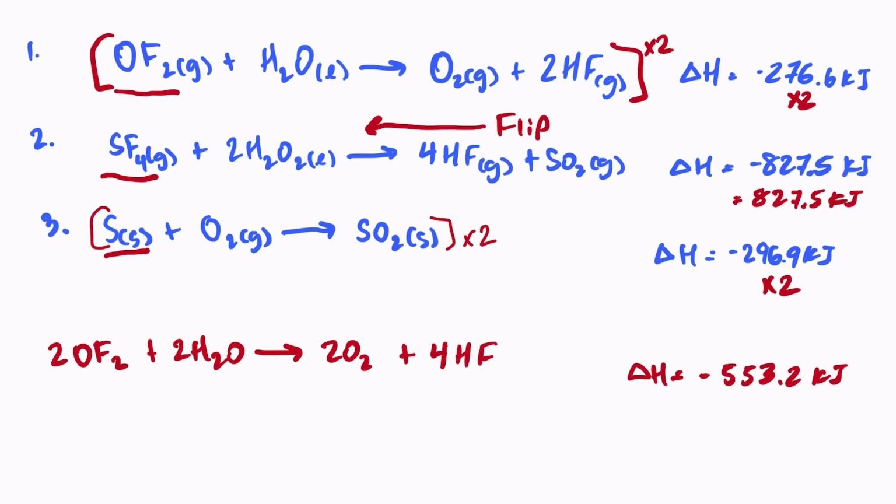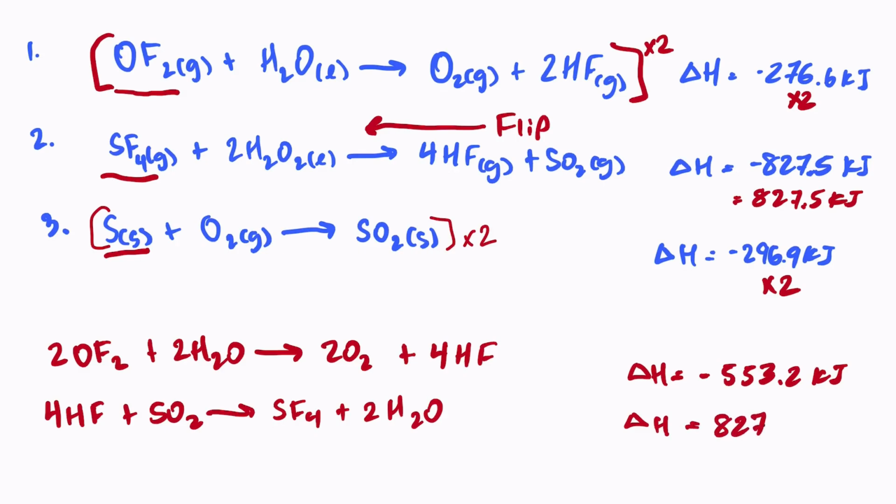The second equation I'm flipping, so I have 4HF plus SO2 yields SF4 plus 2H2O, and my enthalpy change is 827.5 kilojoules.